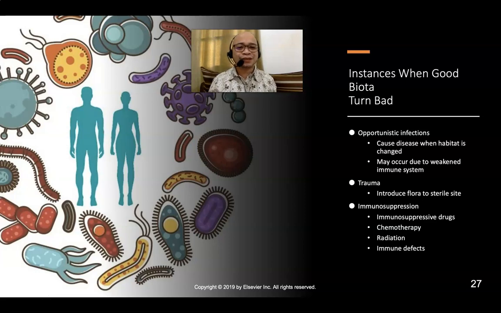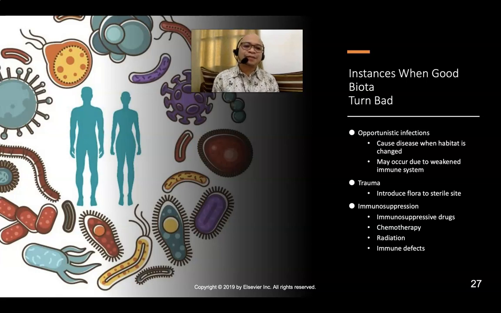This causes disease when the habitat is changed, or it may occur as a result of a weakened immune system. A changed habitat may be due to infection, or to trauma or accident. A weakened immune system occurs in people with AIDS, or who have been undergoing chemotherapeutic agents or taking immunosuppressive drugs.